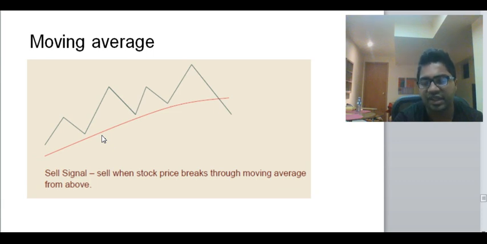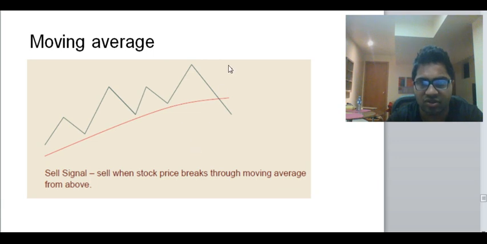Now we generally look for crossovers in the moving average line. For example, this is the stock price line, and this is the moving average line. If the stock crosses the moving average line and goes down, it is a sell signal.